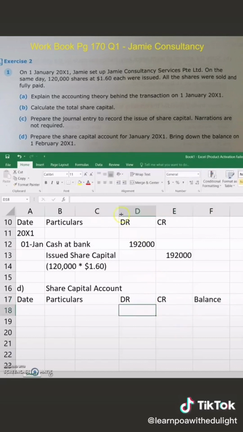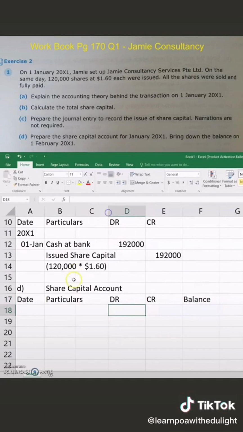Now, a share capital account does have a balance brought down. But in this case, there is no balance brought down from 20x0, because they only started the consultancy services as of 1st January 20x1. So in this sense, there's no balance brought down.